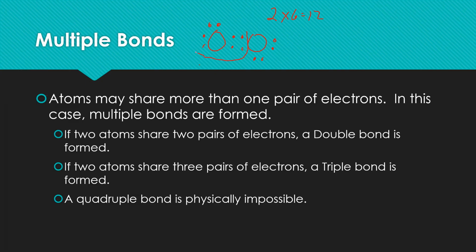So this oxygen would have 8 around it, and this oxygen would have 8 around it. This is a double bond, because I have 2 pairs of electrons.